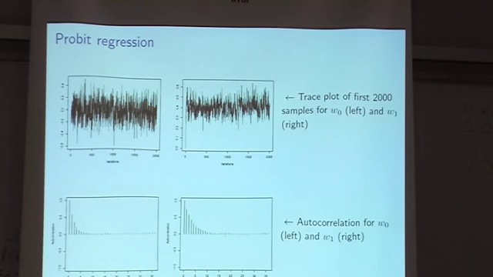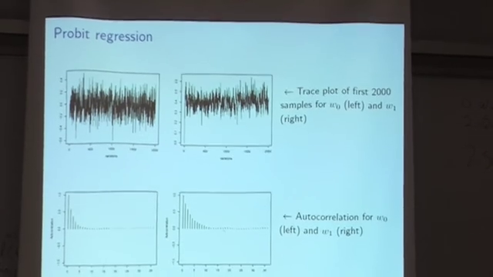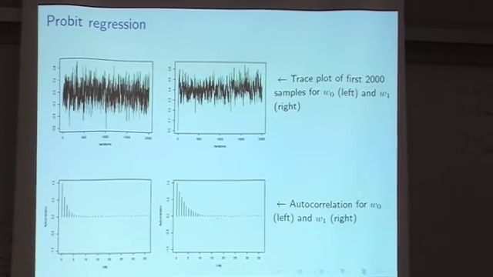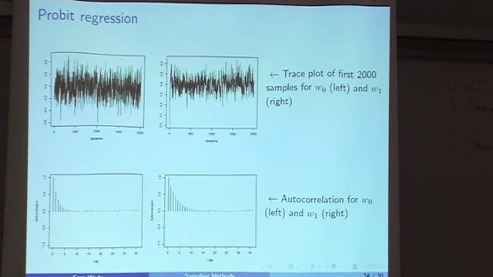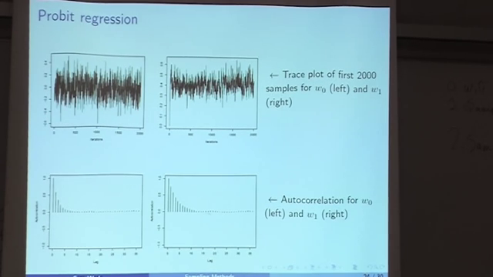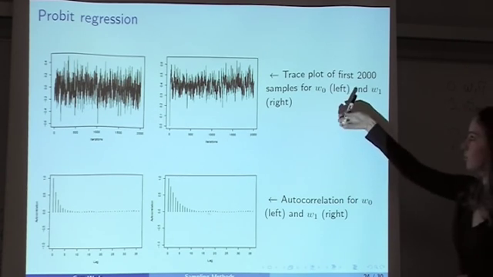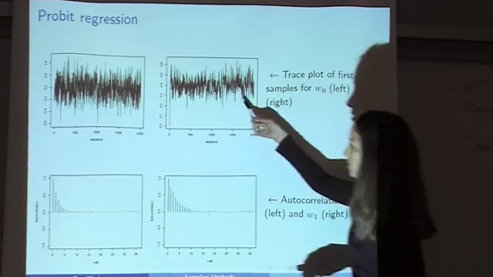Okay, we're almost out of time, so I'll just show you the results of one example. I simulated some data based on the true model. I did 10,000 iterations. Here's the trace plot of the first 2,000 iterations, for the intercept term and the slope term.